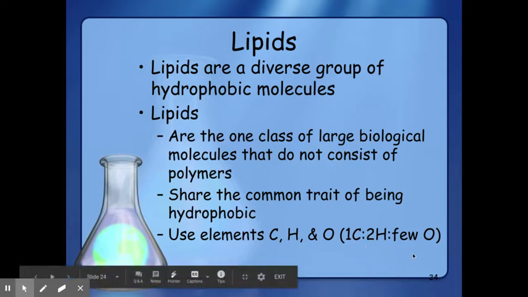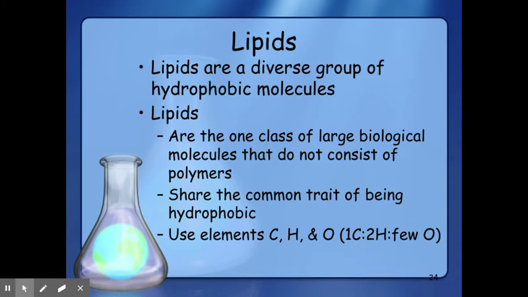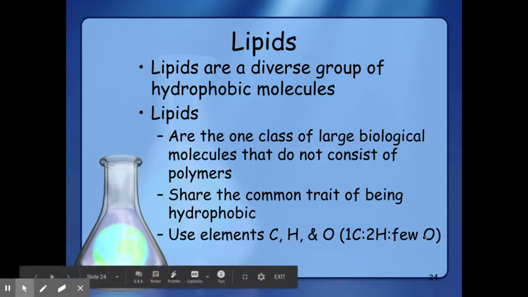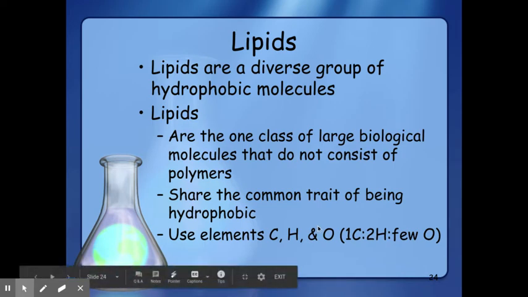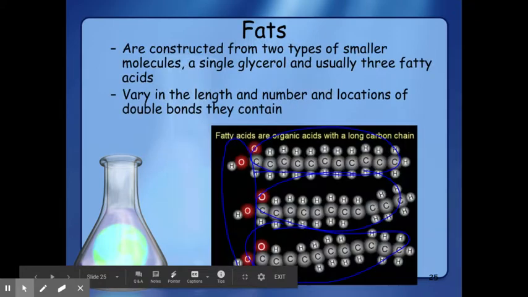To determine between those two, you would look at whether it has pretty much equal carbon and oxygen. If it does, that would be more carbohydrates. If there's very little oxygen, then you would probably determine that it is a lipid. They share a common trait of being hydrophobic, and that's really because of those hydrocarbons.